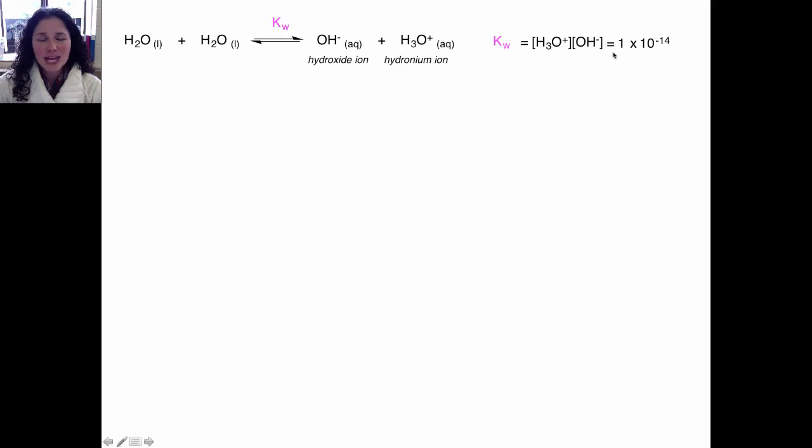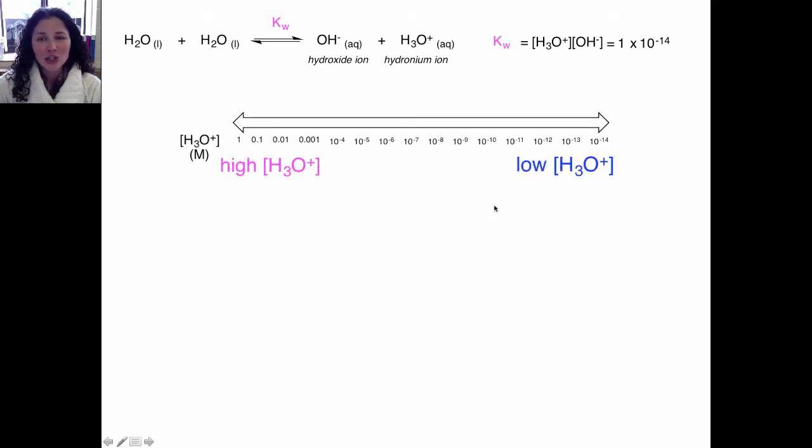The value for the Kw defines the range for concentrations of hydroxide and hydronium ion in regular water solutions. The range is from 10 to the negative 14 at the very low end and all the way up to 1 molar. On this diagram, I've written the possible hydrogen ion concentrations ranging from 1 molar to 10 to the negative 14 molar.